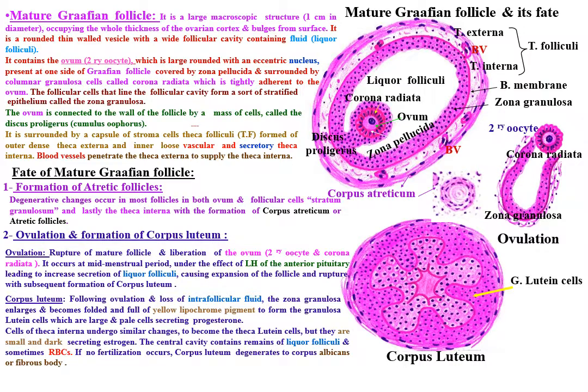The cells of the theca interna undergo similar changes to become the theca lutein cells, but they are small and dark, secreting estrogen. The central cavity contains remains of liquor folliculi and sometimes RBCs. If no fertilization occurs, corpus luteum degenerates to corpus albicans or fibrous bodies.